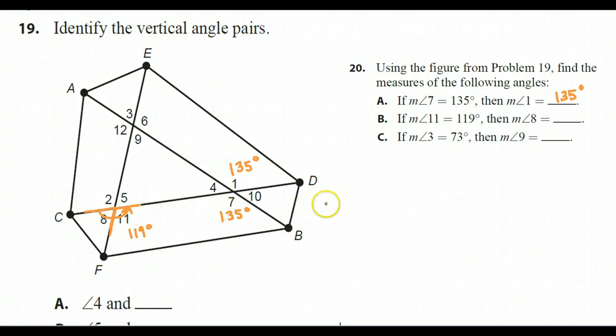So we're going to set up an algebra equation, and we're going to say the measure of angle 11 plus the measure of angle 8 equals 180 degrees, and then substitute in what we know about angle 11. We know angle 11 is 119 degrees.